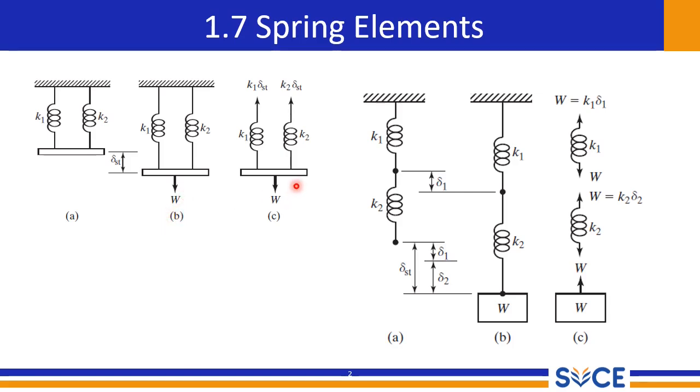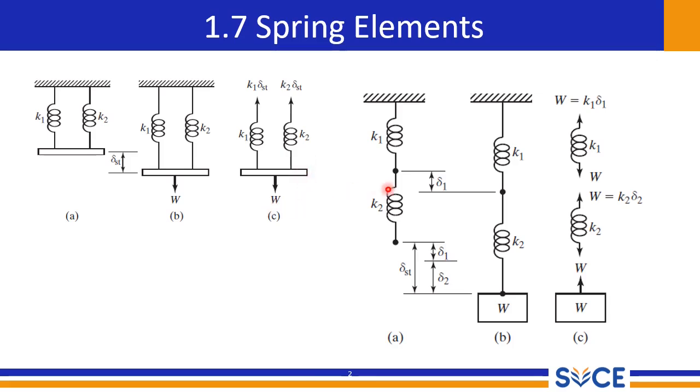The total stretch, denoted as delta, is the sum of the individual stretches of each spring. This free body diagram visualizes the forces acting on each spring. Notice that the force is the same throughout the series combination.